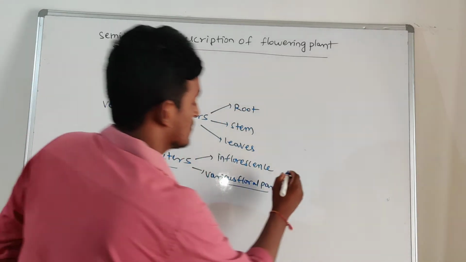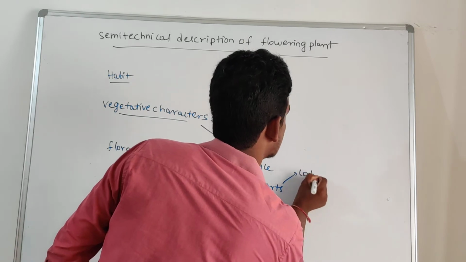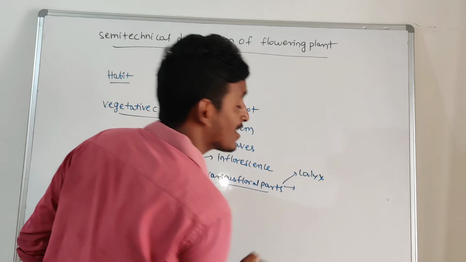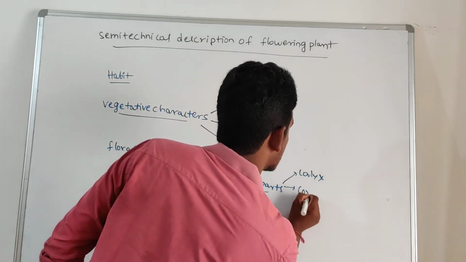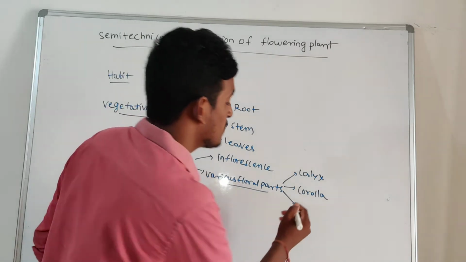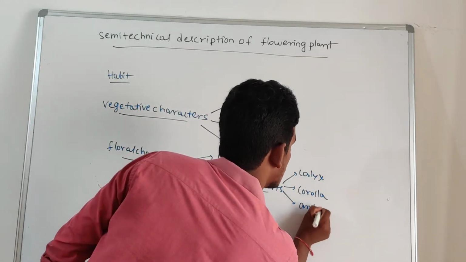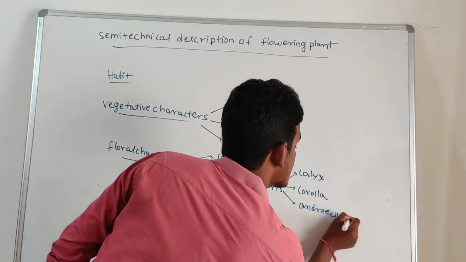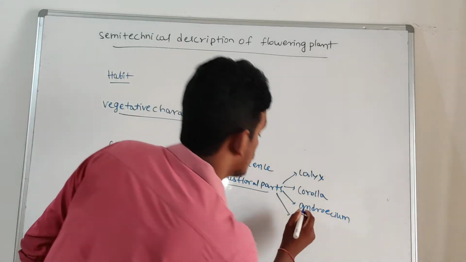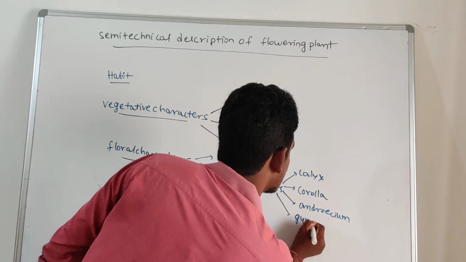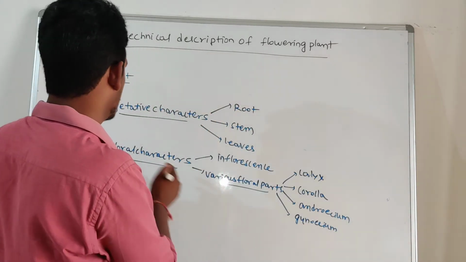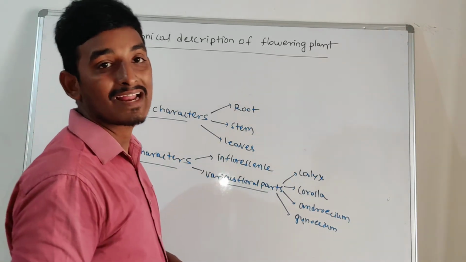First you should write about the calyx, a group of sepals is called the calyx, and later the petals, a group of petals is called the corolla. Later a group of stamens, that is called the androecium. Later a group of pistils, that is the gynoecium. In this way you should write these floral characters.